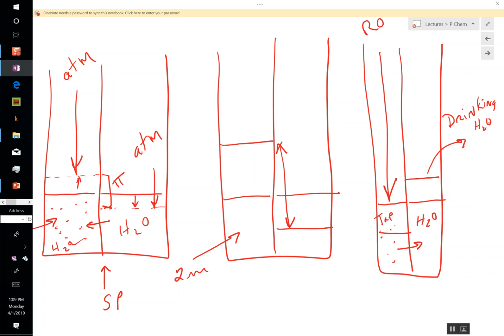Then there's a reservoir tank under there, which holds about 10 liters of drinking water, and it just trickles into that tank. It's using your tap water pressure as this pressure here.